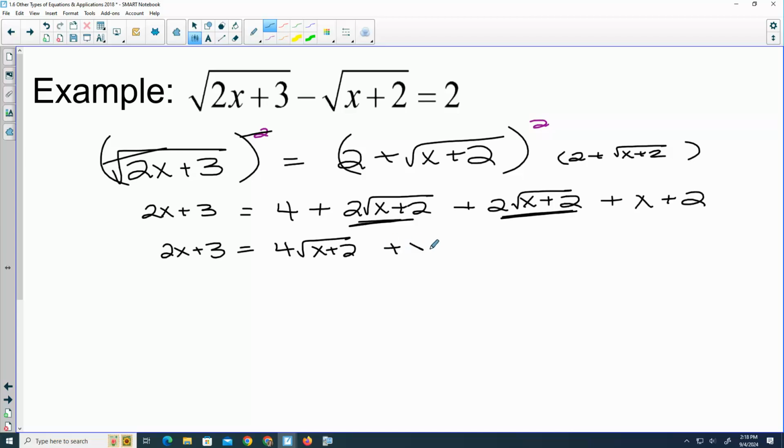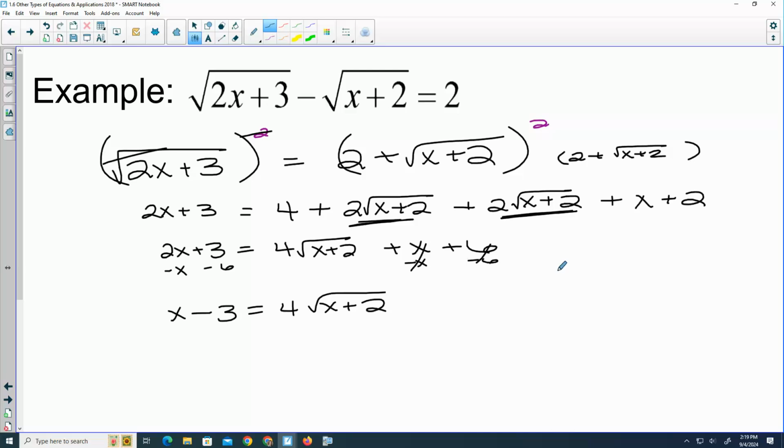We have a plus x, and 4 plus 2 would give me a 6. Okay. So if I'm isolating my square root, we have to subtract over the x and the 6. So we get x minus 3. Okay. My radical isn't totally isolated.